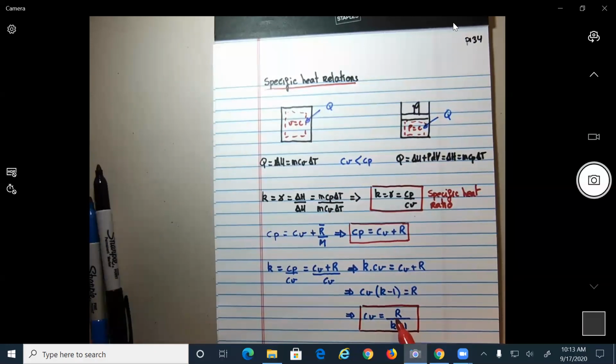The reason I'm doing this is because in the last class, they were using this relation in order to find Cv, okay? So I want to tell you where it's coming from.